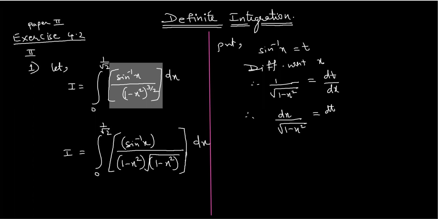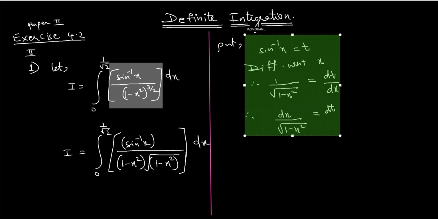Now this thing which has happened here, you are well aware of. The very reason for substituting sine inverse x as t is that I understood that when I differentiate, I would get the derivative of sine inverse x, which is 1 upon root of 1 minus x square. And I have this 1 upon root of 1 minus x square here, and here I have dx.